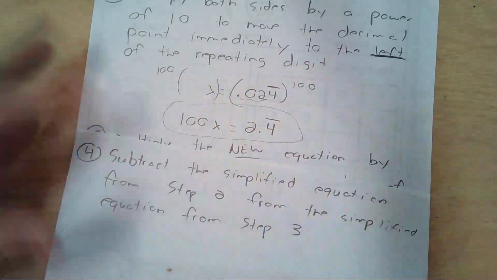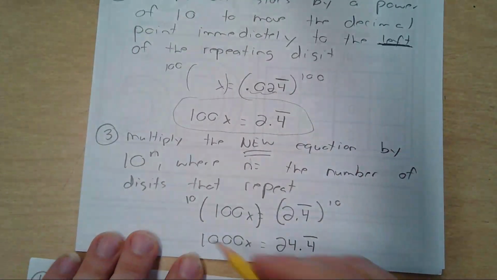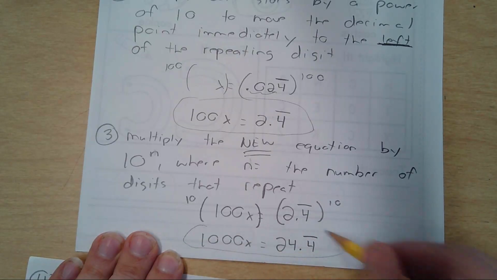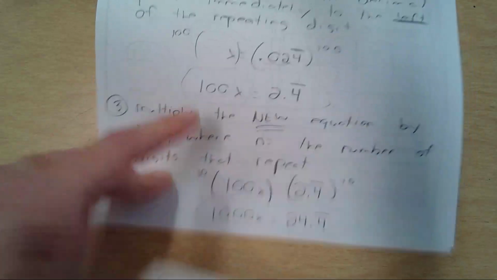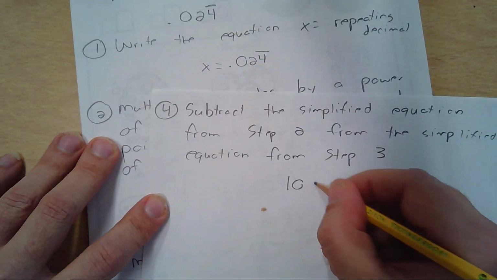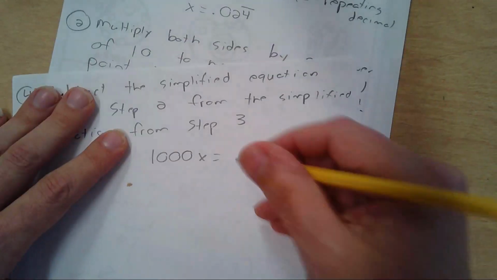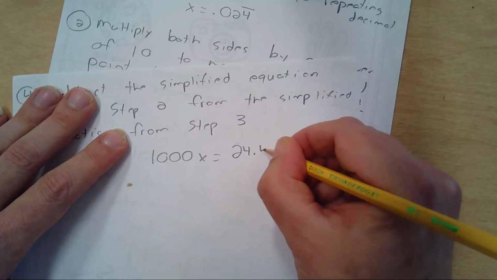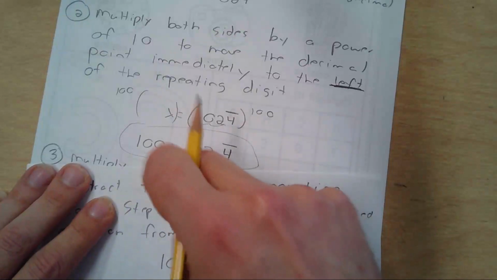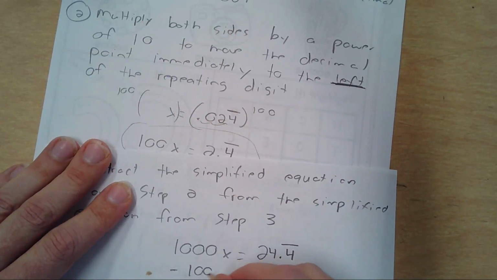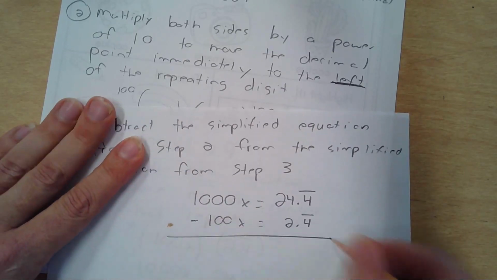That's my step 2 equation. And this, my step 3 equation that I solved. So basically I got 1000x equals 24.4 repeating. And then I'm subtracting this one. 100x equals 2.4 repeating.